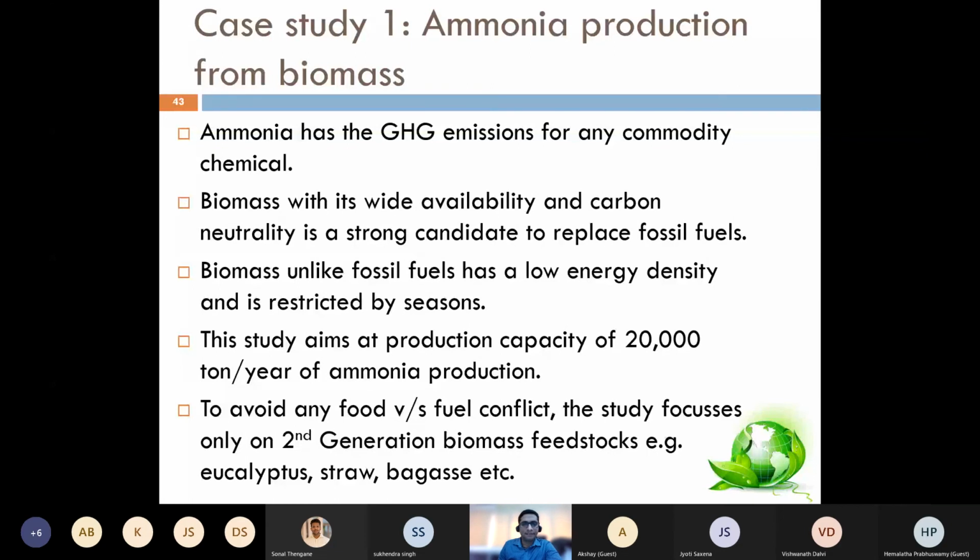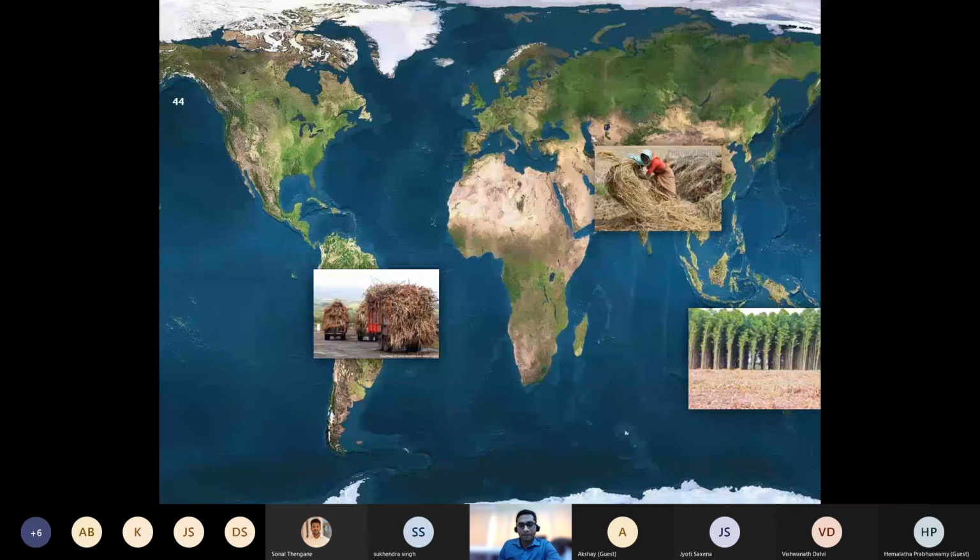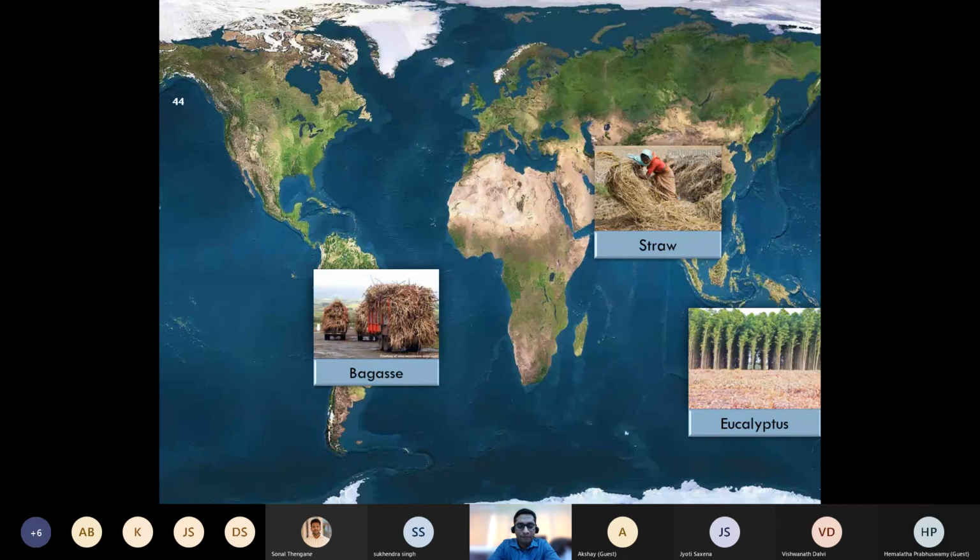I wouldn't go into the details, but I chose three different biomasses in three different places around the world: straw in India, where we have a lot of straw; bagasse in Brazil, a country with huge sugarcane plantations and a lot of bagasse; and eucalyptus in Australia. Australia has a huge amount of land, hardly any population, and that land could be used for production of huge amounts of trees. You can see these three biomasses come from three different categories.